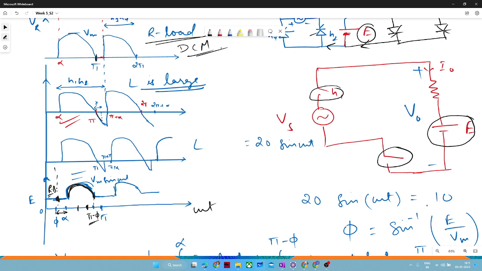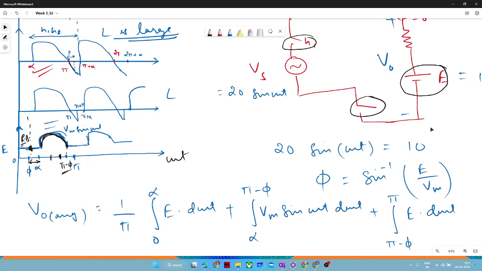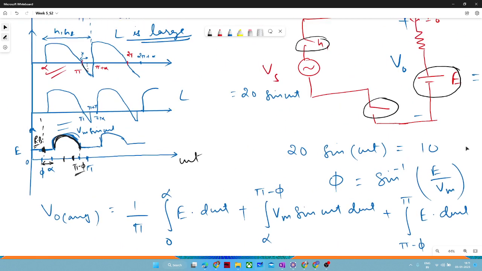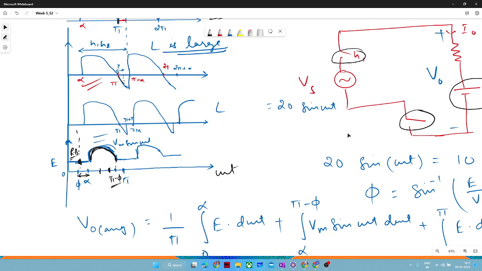I took the case of 20 sin omega t and the value of E as 10. So we derived that your angle phi would come out to be 30 degrees, so your conduction would stop at 150 degrees. So that was the case here.